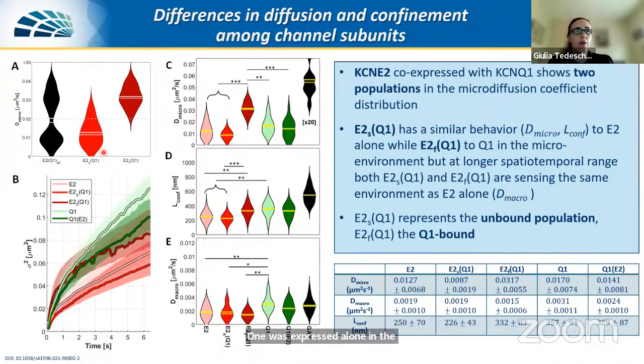But at a longer spatiotemporal range, both these populations were more similar to E2 when it was expressed alone, while this population here was more similar to the behavior of Q1 in the short range. So our hypothesis was that this represented the unbound population, while the fast population represented the one that was bound to Q1.